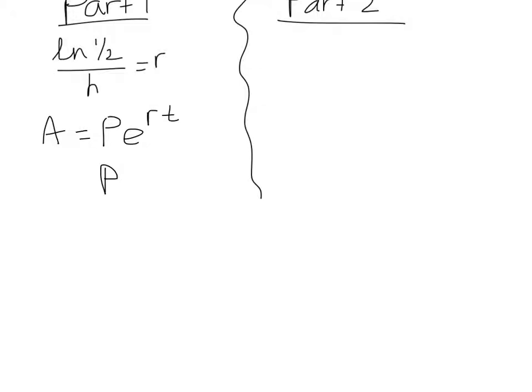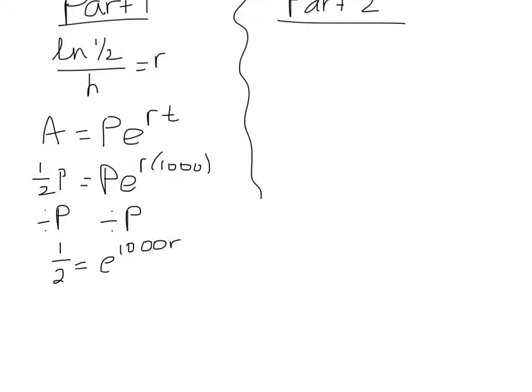So if I start with P, then after a certain number of years, right, after 1,000 years, I end up getting half of what I started with, P. So really it didn't matter that you had P here. You could have started with whatever amount you wanted, like 100 grams or whatever, and it would go away. So you get 1/2 is equal to e to the 1,000 r.